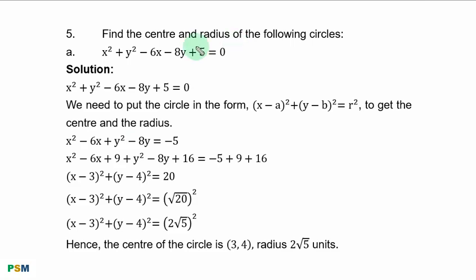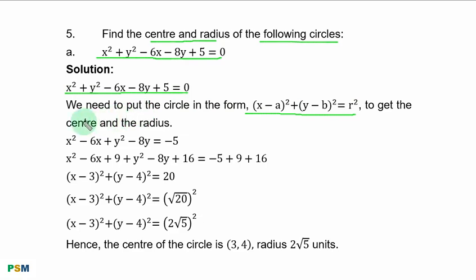Number 5, find the center and radius of the following circles. A, you have x^2 + y^2 - 6x - 8y + 5 equal to 0. Solution: this is the given circle. In order to find the center and the radius, we need to put the equation in this form.